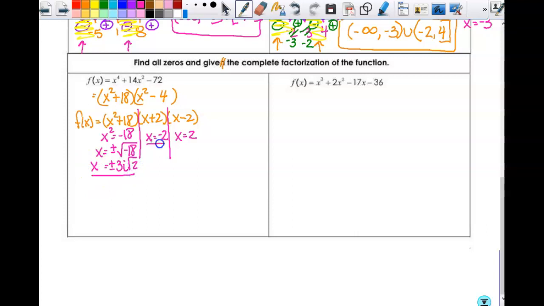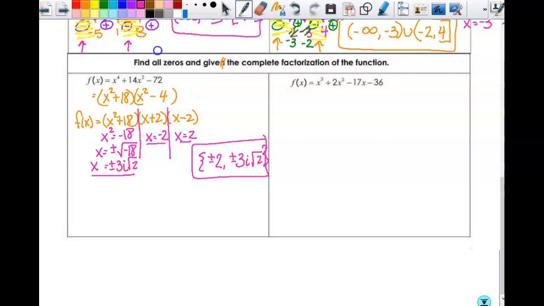So here are my zeros, right? So my zeros here are plus or minus 2 and plus or minus 3i square root of 2. So that's all of my zeros.